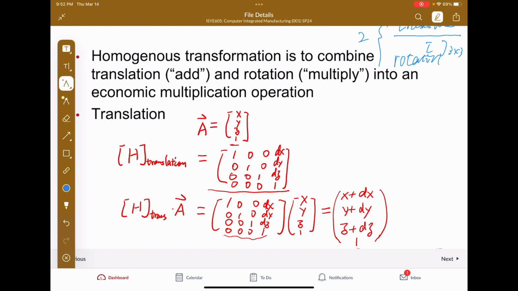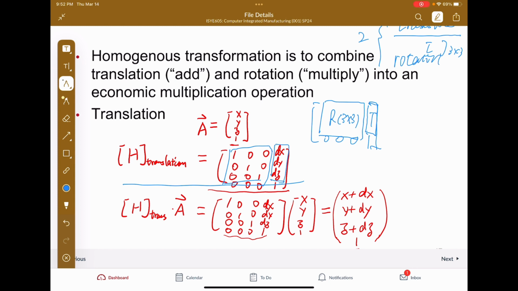The homogeneous transformation looks like this, with 0, 0, 0, 1 in the last row. There is a 3×3 rotation matrix, and we have another 3×1 translation. You can see this is the 3×3, and this is the 3×1.